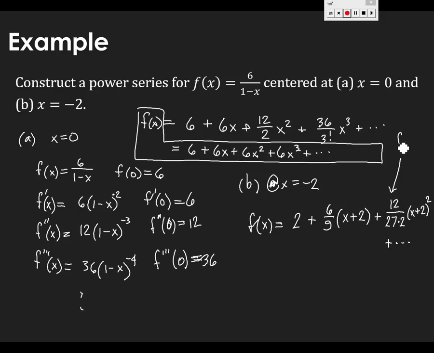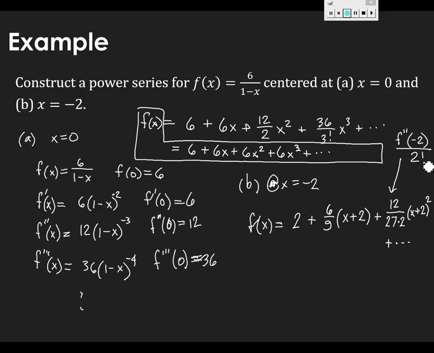This is f double prime of negative 2. That is, I plugged it in here and I got 12/27ths, divided by 2 factorial. That's how we get the coefficients in the Taylor expansion. This is our first time doing it somewhere other than 0, so I want to make sure you're clear on where all these numbers came from.